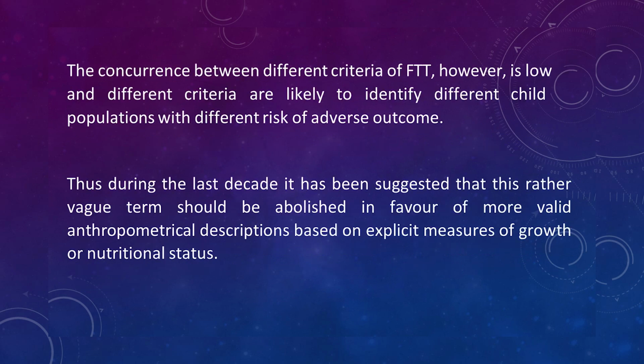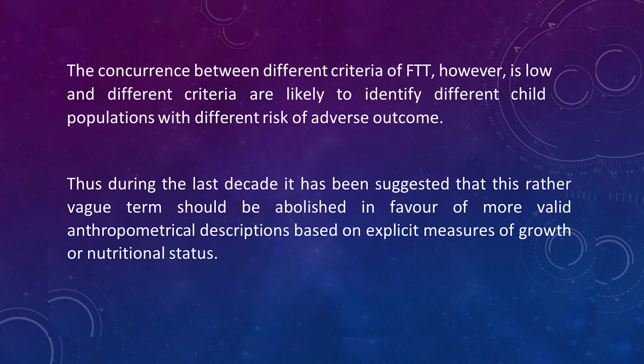The concurrence between the different criteria of FTT, however, is low, and different criteria are likely to identify different child populations with different risk of adverse outcome. So, it was not based on some particular criteria, and there were differences in the diagnosis of FTT in different age groups and different sexes.